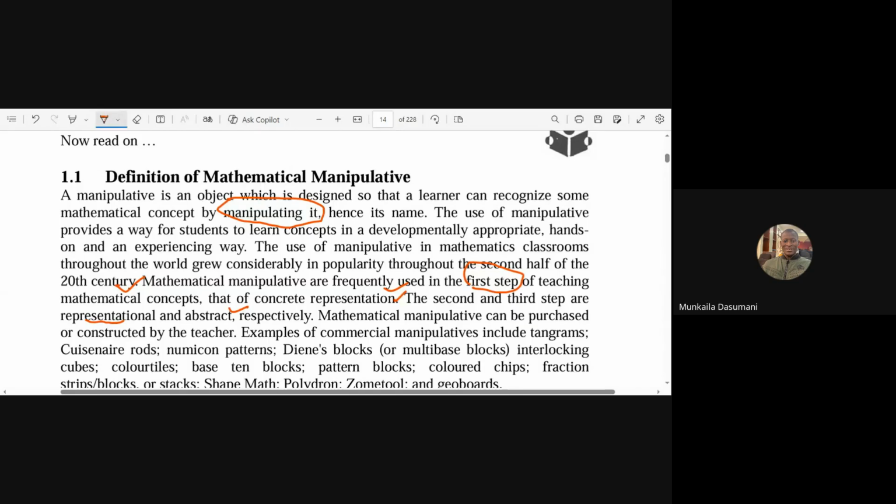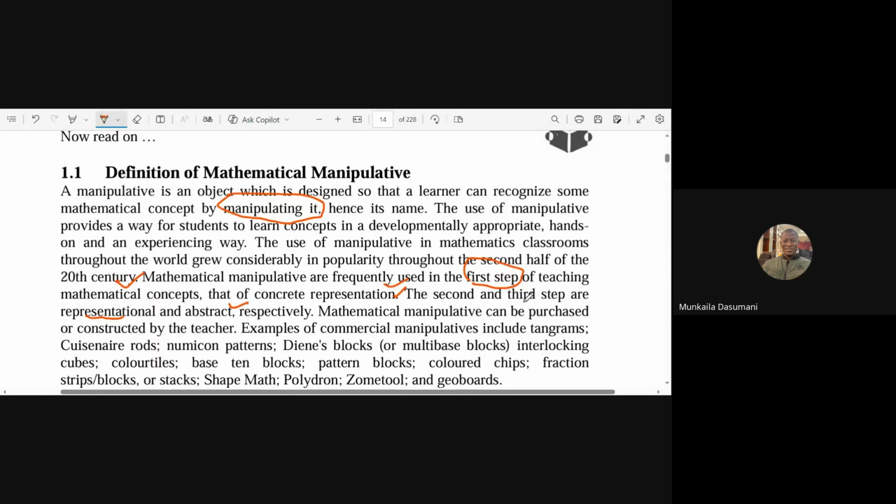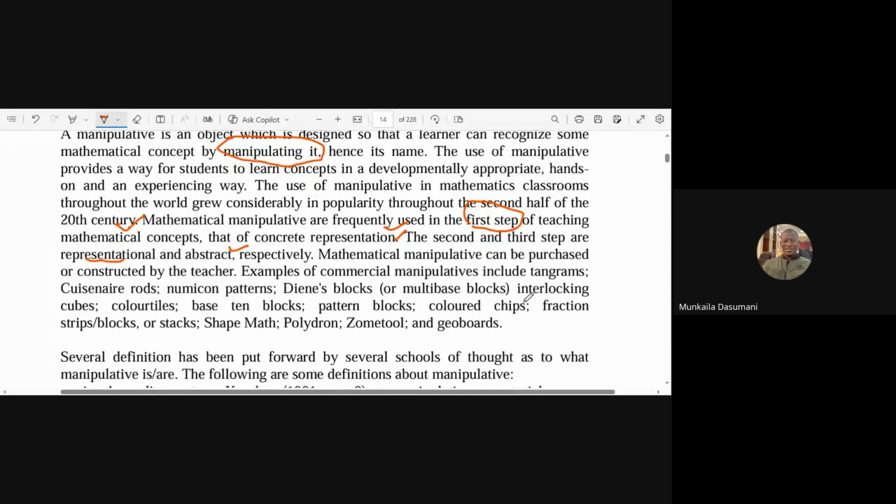So mathematical manipulatives can be purchased or constructed by the teacher, because some of them are in the supermarket, and you can also order some online. Some are also payable online. Examples of some of these manipulatives are the commercial ones, such as tangrams. I don't know whether you know tangrams.